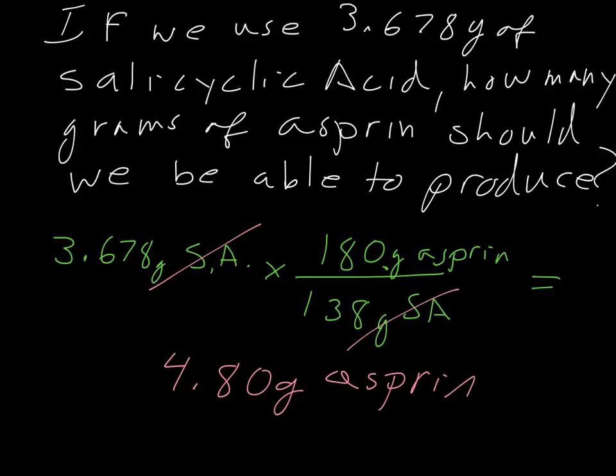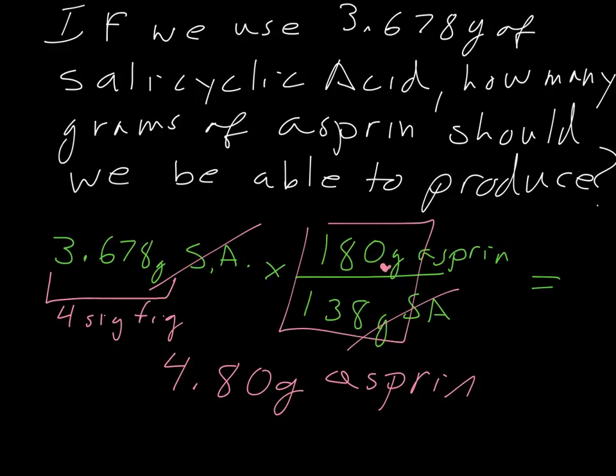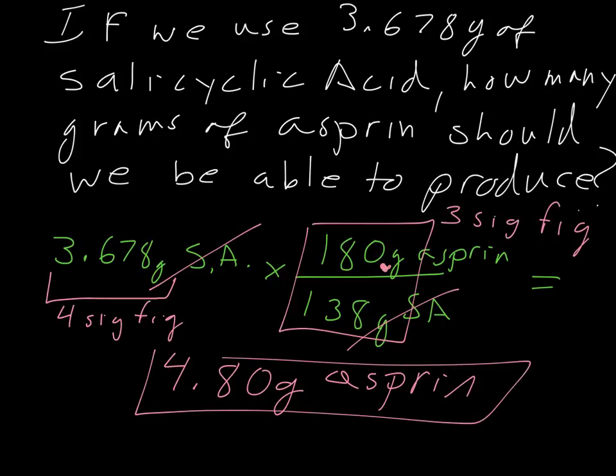Quick note on sig figs here. In the lab, your balance is going to be giving you 4 sig figs. I better see those 4 sig figs in your lab book or I'm going to get very grumpy. However, the way you're doing the calculations here, your ratio of 180 has only 3 sig figs, so you're going to reduce your number of sig figs to 3 down here.